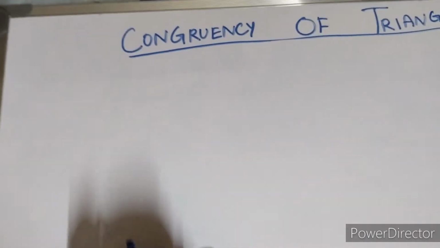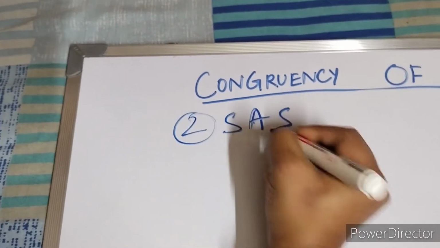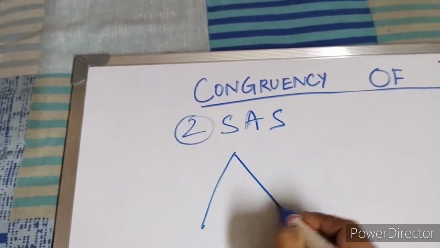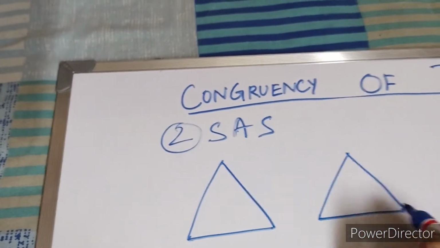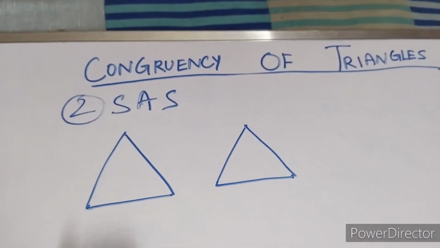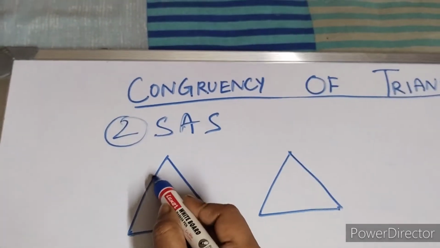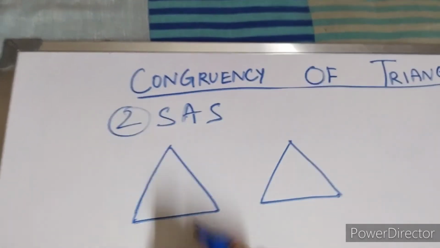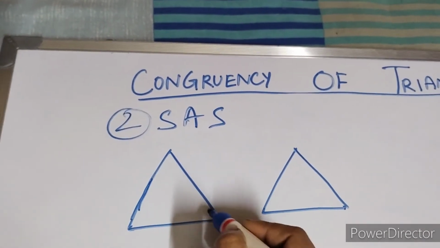So let's study the second criteria, that is side, angle, side. What do you mean by that? When two triangles are there, of course equal in size and shape, then when do we say side, angle, side? Students generally get confused in it, that any two sides and this angle.